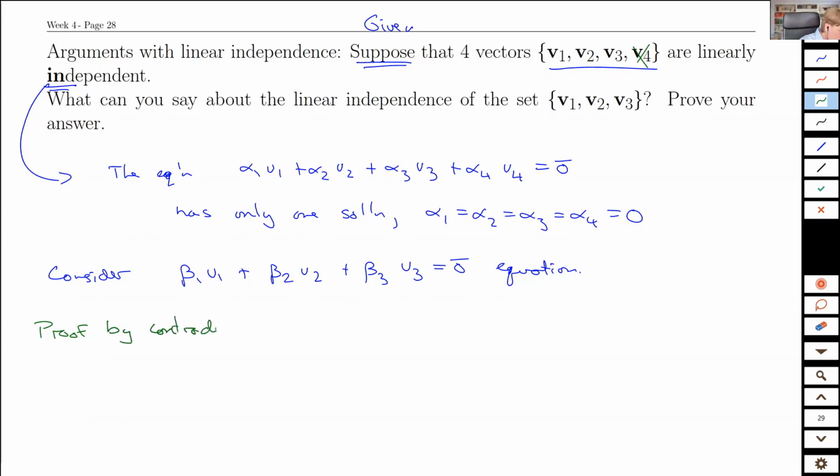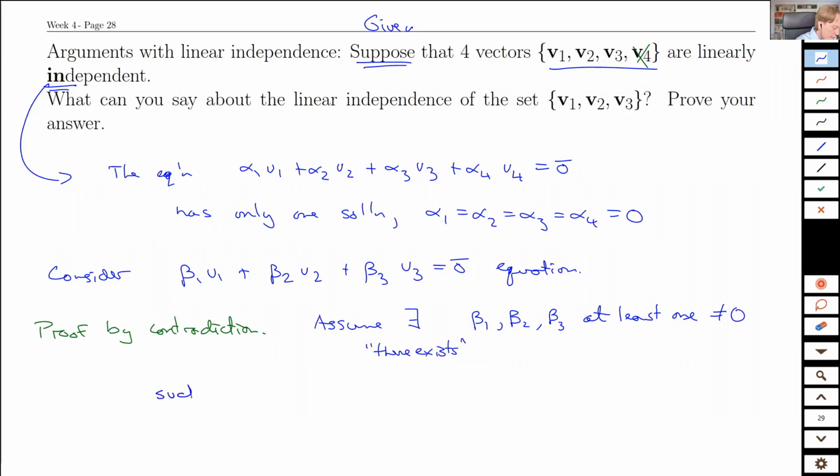The way we structure this is, assume there exists, and this is the fancy backwards E, which just means there exists, beta 1, beta 2, beta 3, at least one not equal to 0, such that beta 1 v1 plus beta 2 v2 plus beta 3 v3 equals the 0 vector.